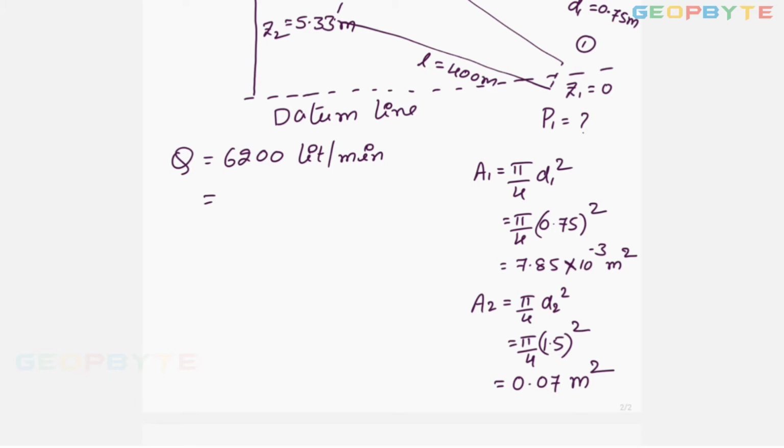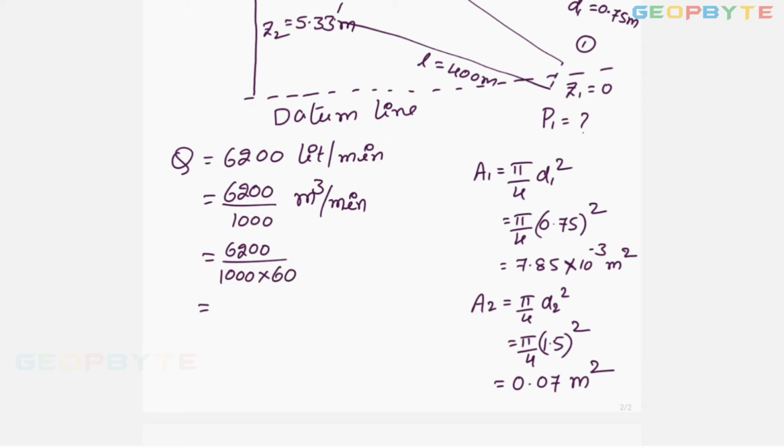Then the discharge, let us convert it in meter cube per second. For converting from liters per minute to meter cube per minute, it should be divided by 1000. Now it is in meter cube per minute. For getting it in meter cube per second, it should be divided by 60. 6100 divided by 1000 into 60.